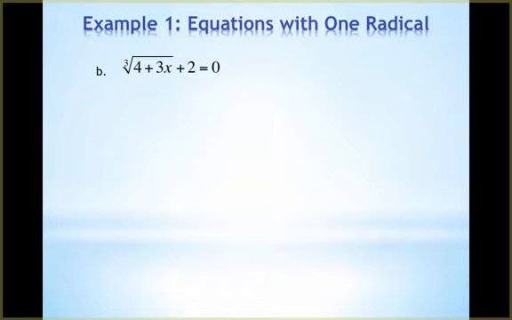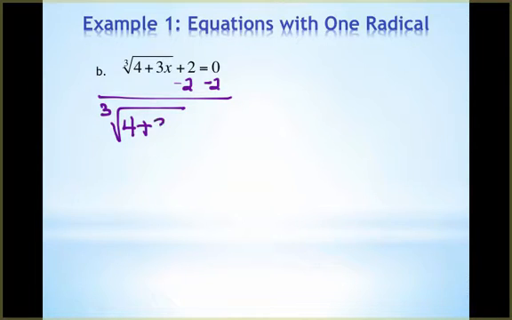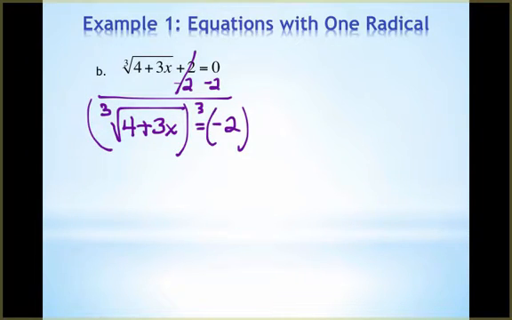Now in our next problem, notice that our cube root is not by itself. It has a plus 2 with it on the left-hand side. So we're going to start by subtracting 2 from both sides, because we want to get that radical by itself. So I get the cube root of 4 plus 3x equals, those have canceled, and 0 minus 2 is negative 2. Now we do have our radical isolated, so we're going to cube both sides.